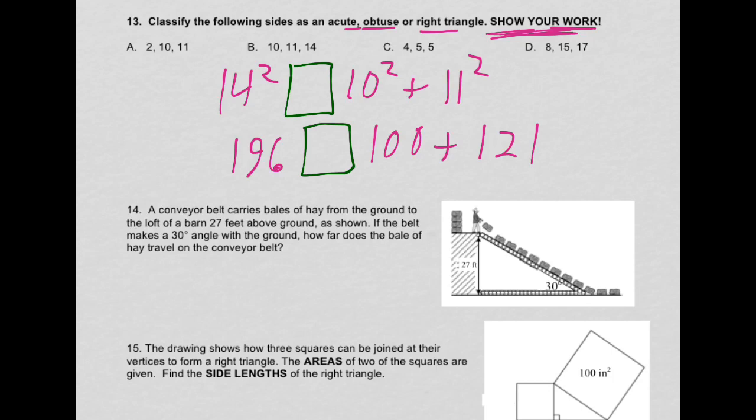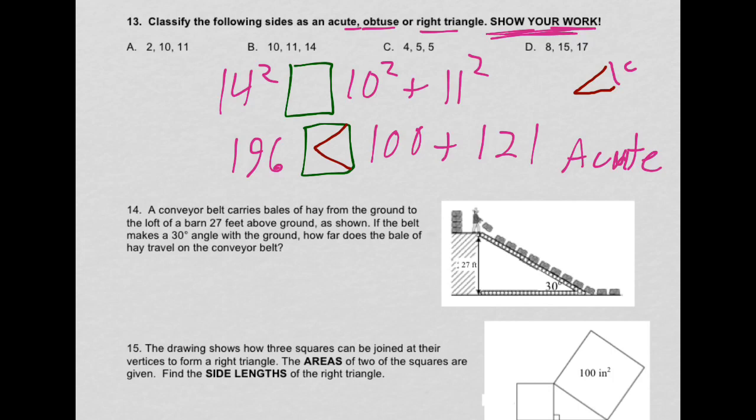So it turns out that my c squared is less than a squared plus b squared. That triangle might look something like that, where this is my C. And so that would be acute. That's a U. Acute. Okay.